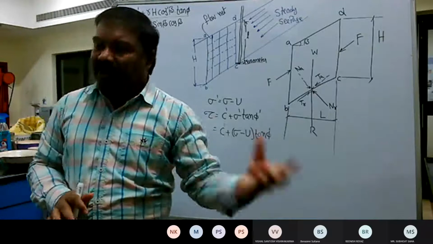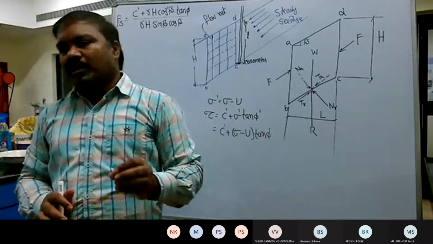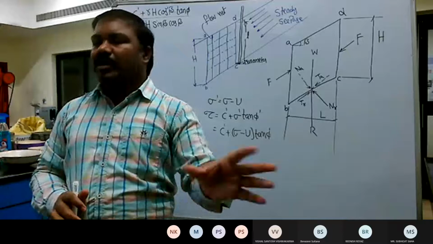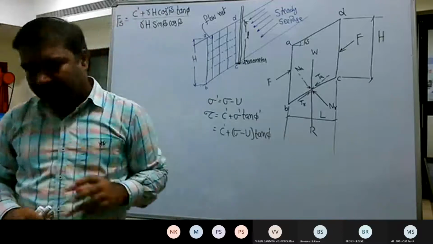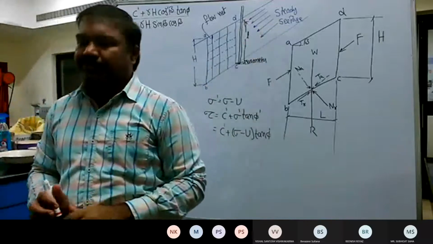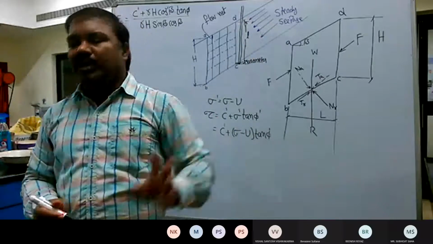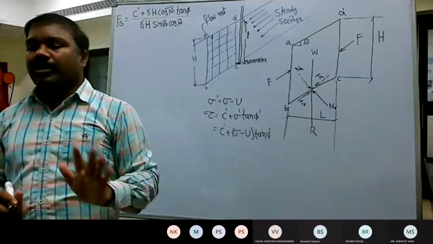On the other hand, flow of water within the soil is compared with the dynamic condition, but typically it is called steady state seepage. It is not a static water table.